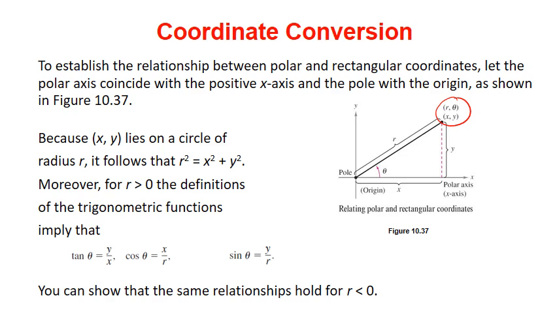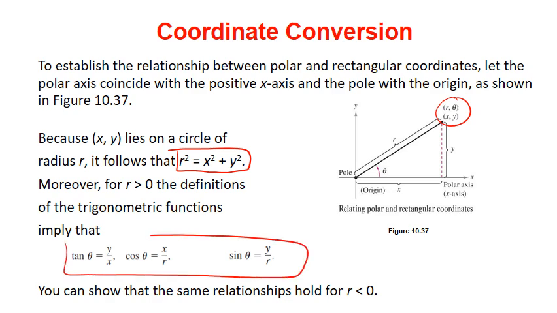A couple things you want to understand here is that we have a right triangle, so we can apply not only SOHCAHTOA, but the Pythagorean theorem. We come up with some pretty important things by applying those rules. This here is one of them: r squared is equal to x squared plus y squared. And by applying SOHCAHTOA, we get each of these things.